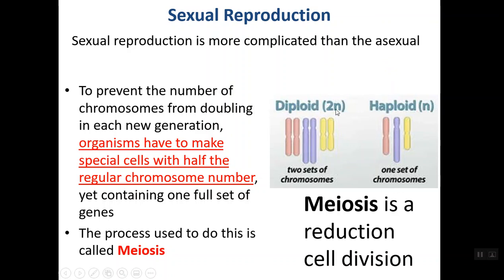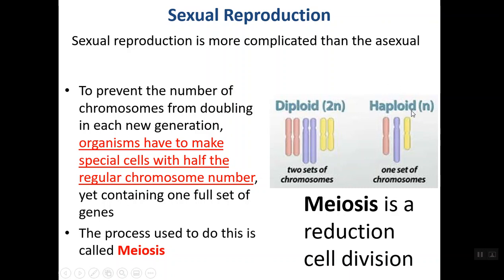Remember, we talked about these terms. If you don't, diploid means having two sets of chromosomes, 2N is the way we indicated it, or a pair of chromosomes for each set.